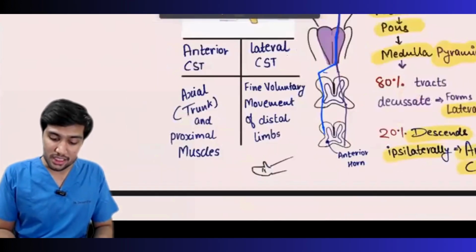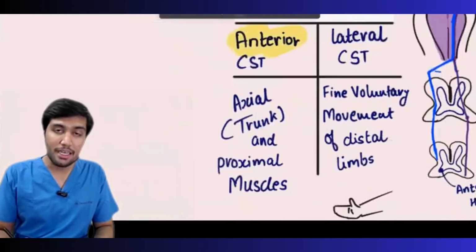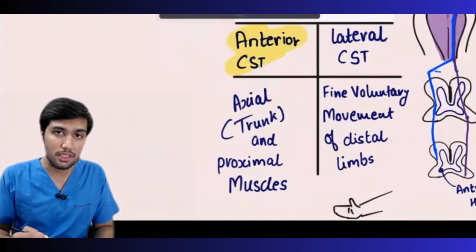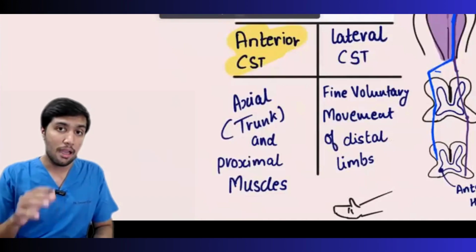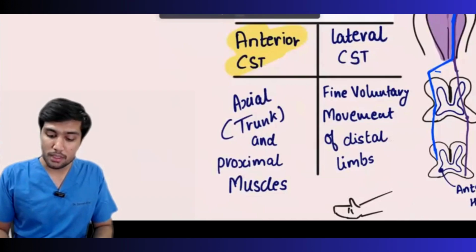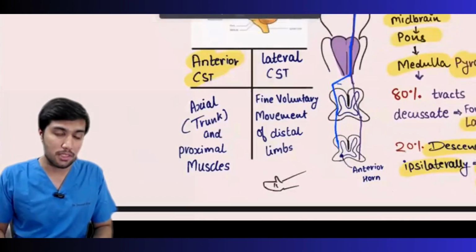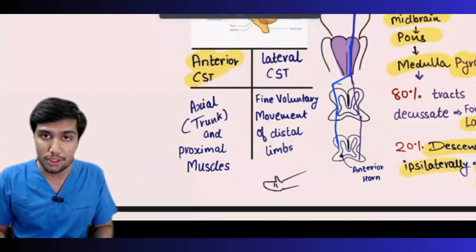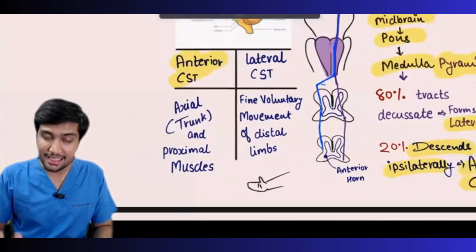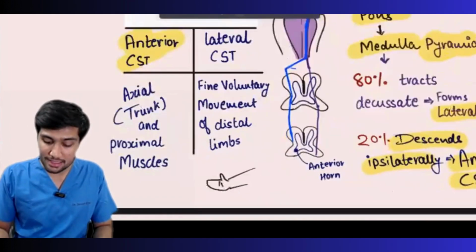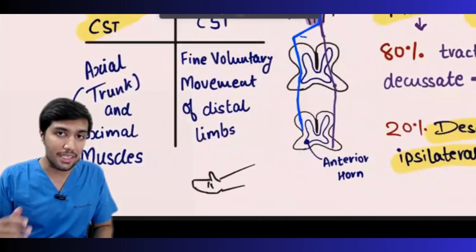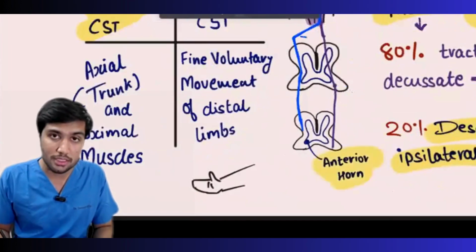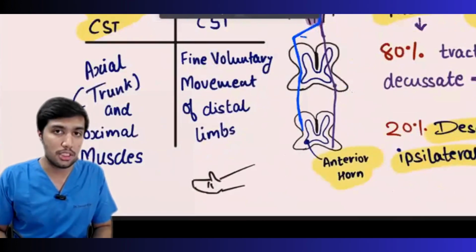And now this anterior corticospinal tract will be responsible for giving motor innervation to your axial muscles, which are located in the trunk, and also the proximal muscles of your limbs. Okay, and those 80 to 85% of the fibers which are decussating, forming the lateral corticospinal tracts, are descending downwards, and now they will synapse onto the lower motor neuron, the nucleus of which is present in the anterior horn cell in the gray matter of the spinal cord.